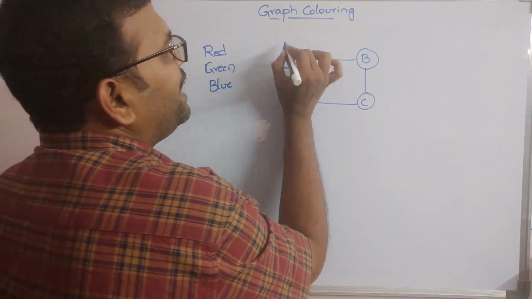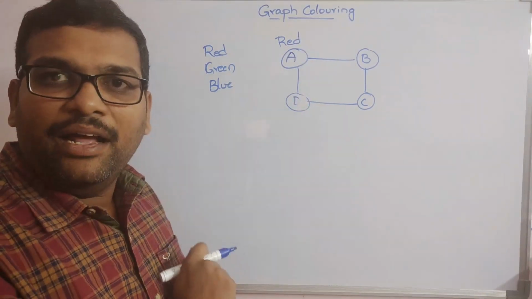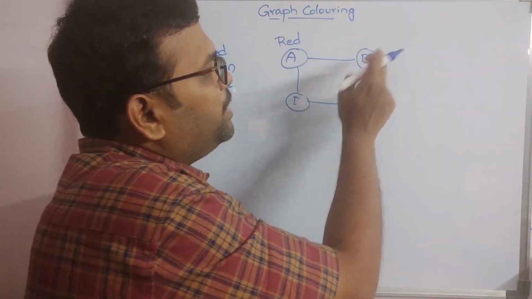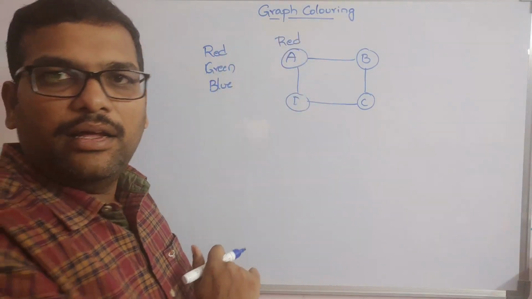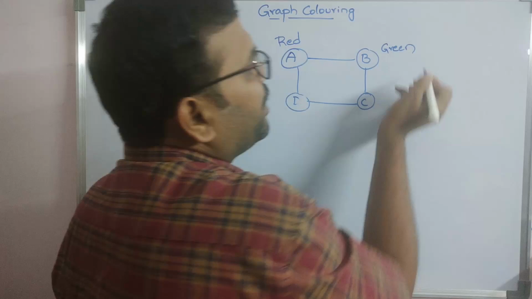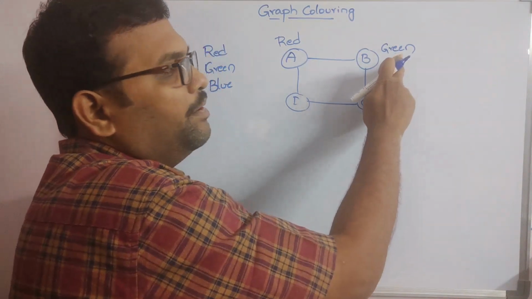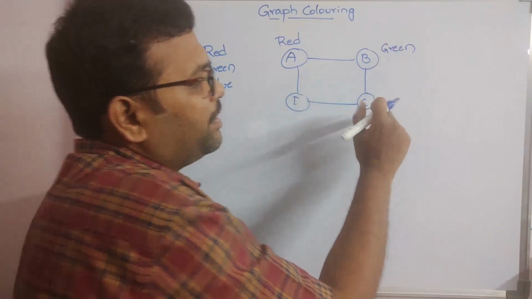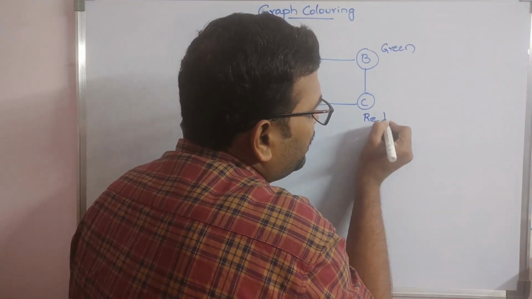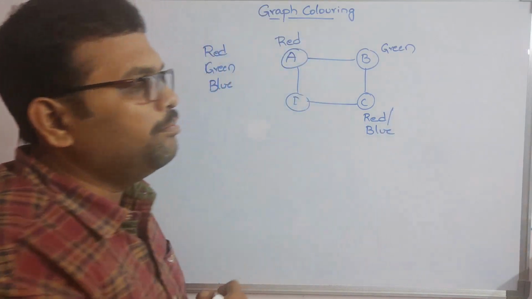First, if we color the region A or node A with red, the adjacent node B should not be colored with red. So you can color it with green. And coming to C, the third region, it should not be colored with green because it is adjacent. So it can be colored using red or blue.